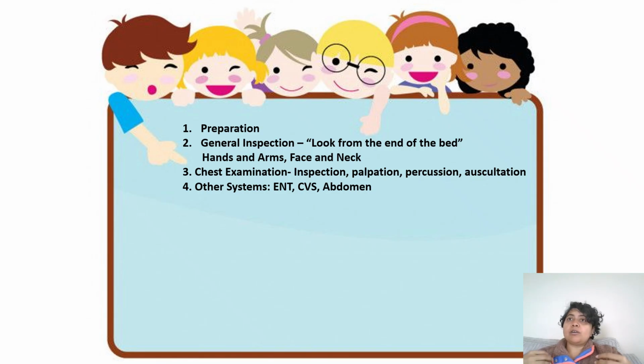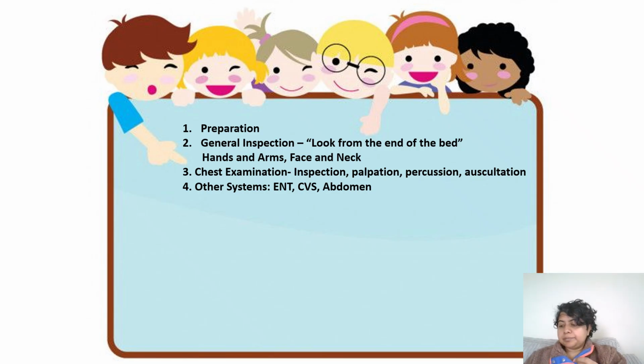So auscultate on both sides and compare both sides in the front and in the back, and also in the axillary region, and also above the clavicle on both sides, to listen to all the areas of the lungs. And if there are any decreased breath sounds or any wheeze or any crackles, that's what you want to listen for.